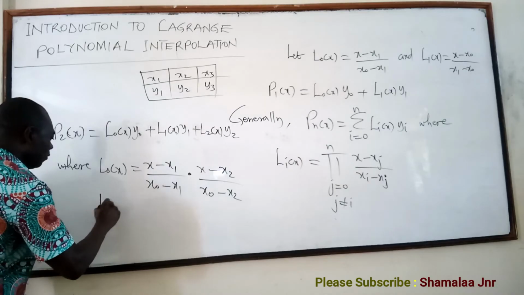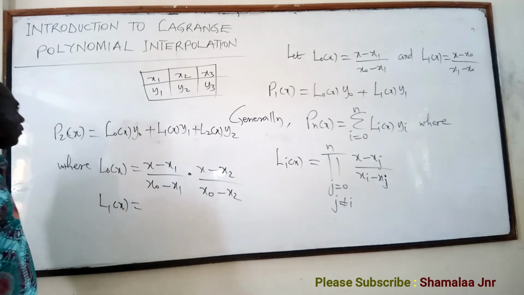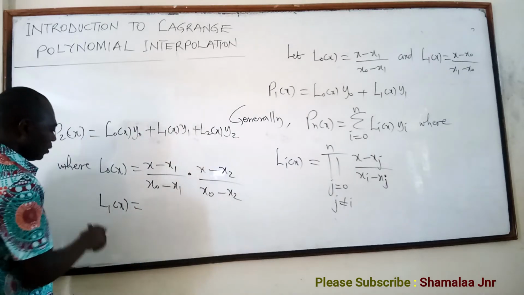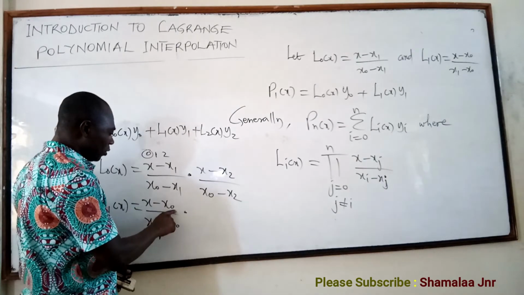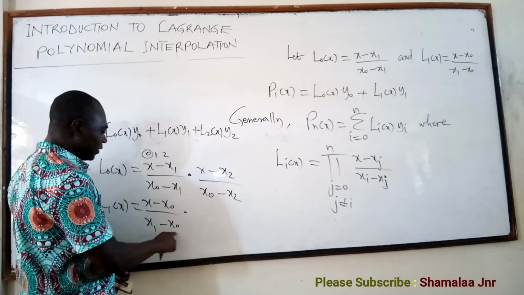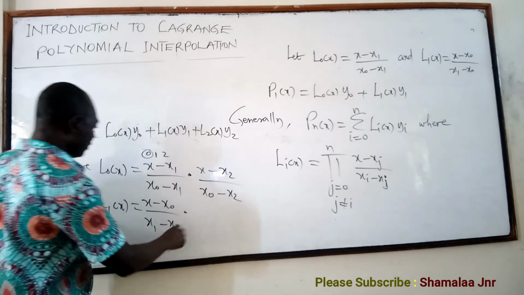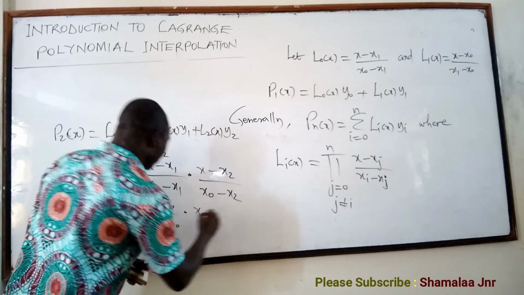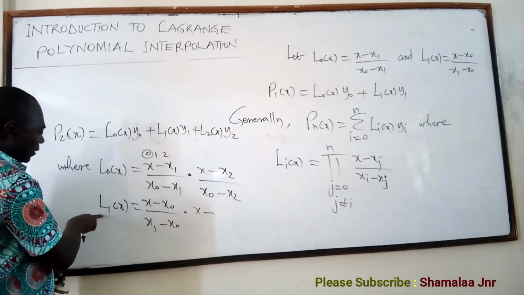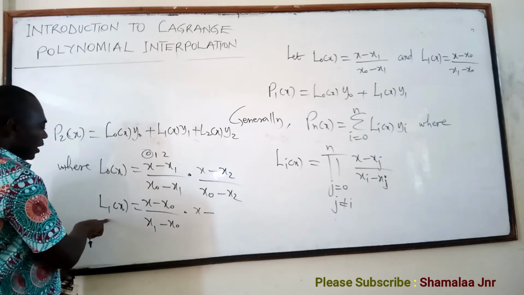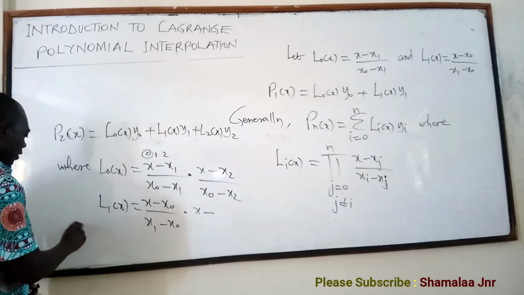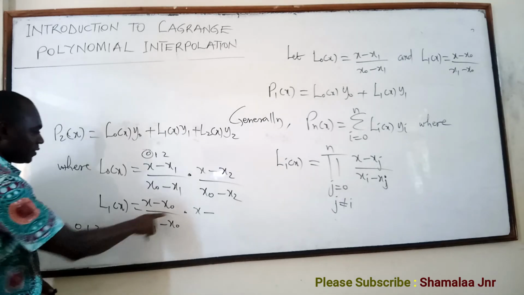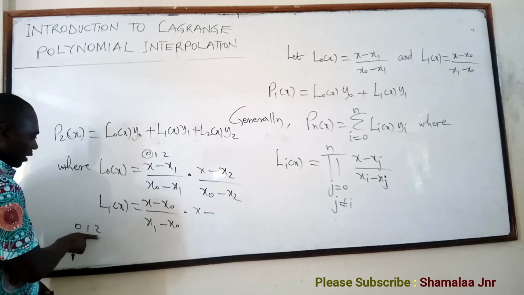And then L1 of x will be x minus x0 all over x1 minus x0, isn't it? Times x minus, you see, i has already taken 1. And the values available are 0, 1, 2. So j has used 0, then j can now use 2.